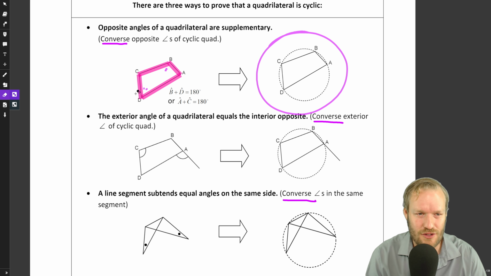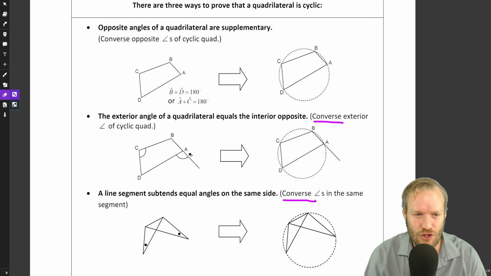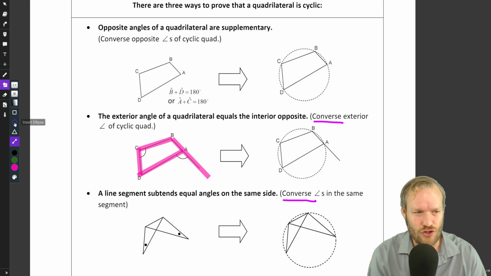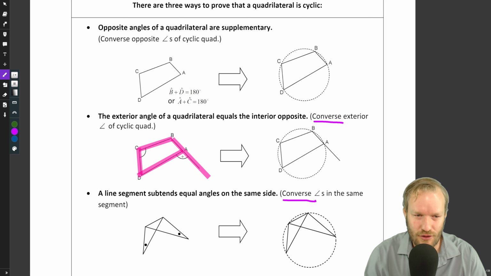Second way we might do it, and that is to show that the exterior angle equals the opposite interior angle. Again, we know that it's true if we've got a cyclic quadrilateral, or if we've got a quadrilateral and we can show that the angle on the exterior is equal to this angle.